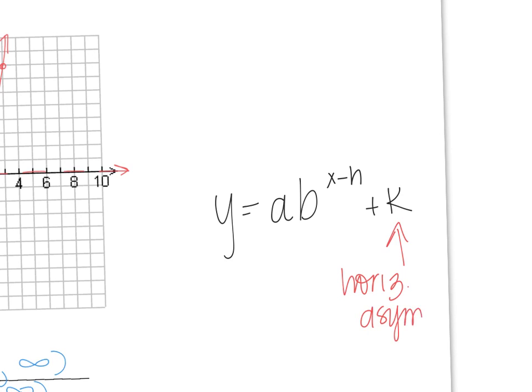So that's where you're going to be limited. And then k, think of it as a vertical shift. And then your h value is going to be your horizontal shift, right? So h is always going to be opposite of what it says. K will stay the same. And h is going to move right or left.